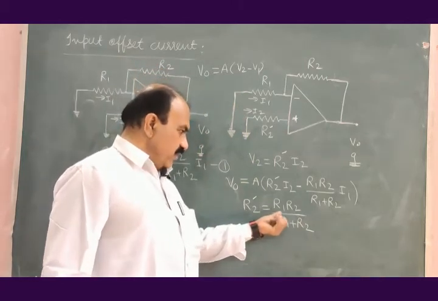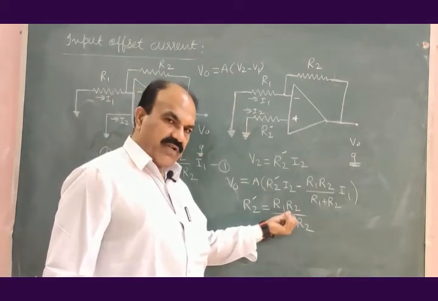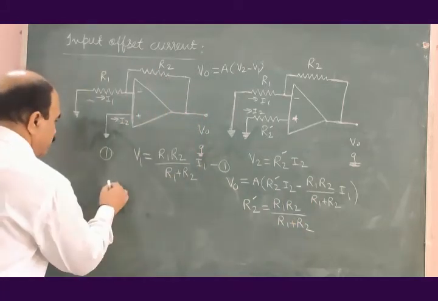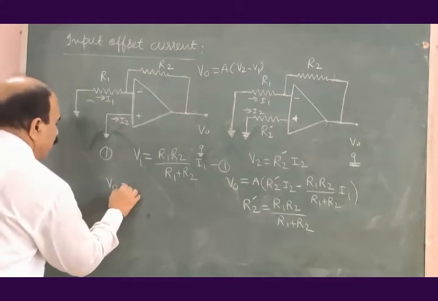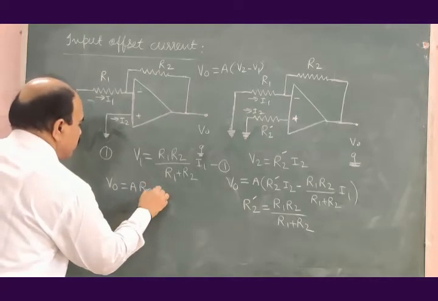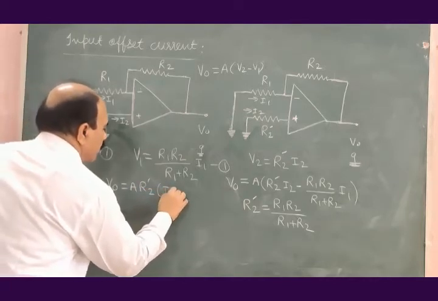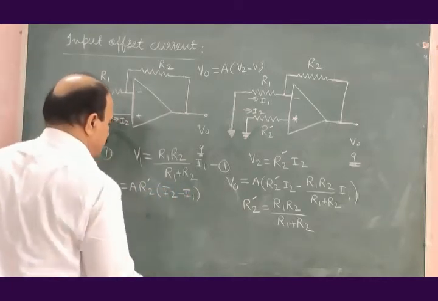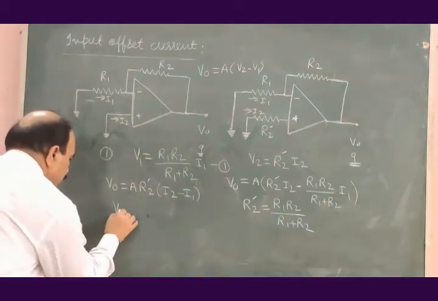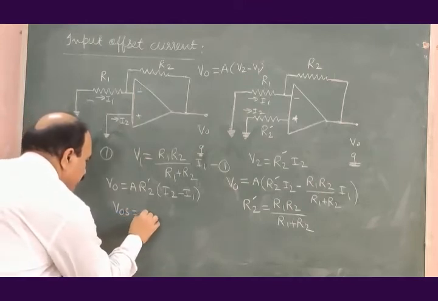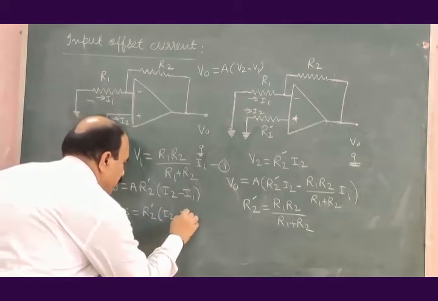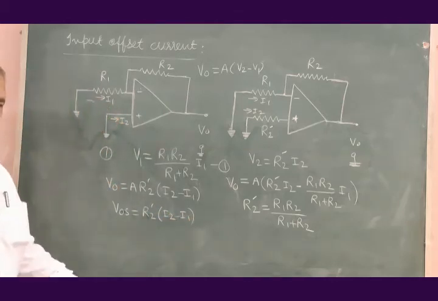Let us put this value for R1 R2 by R1 plus R2 here, so that the expression for the output voltage will now become A R2 dash taken common into I2 minus I1, or VOS is equal to R2 dash into I2 minus I1. What is this VOS?